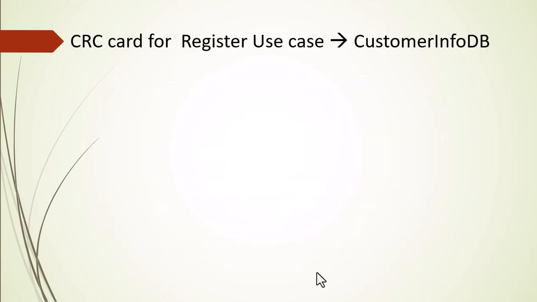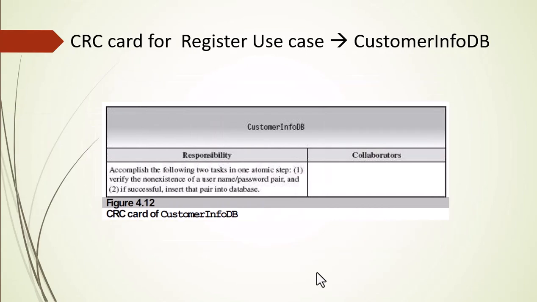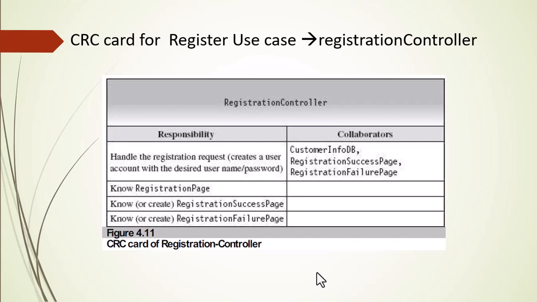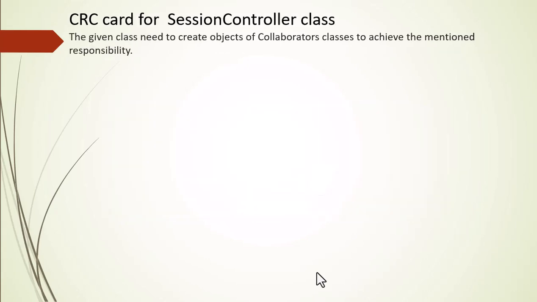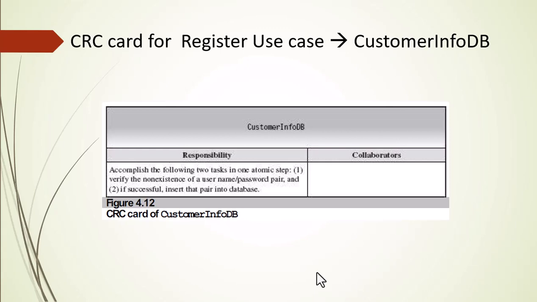Similarly, for the registration controller, it is possible that for the customer information DB collaborator, there can be other collaborators, but here it is empty. This shows no need of further collaborators. If more collaborators exist, you can put them here.